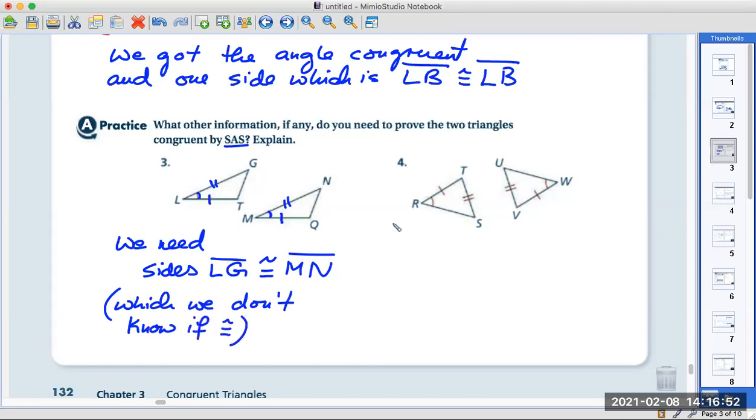Okay, I want to make sure you understand that. Let's look at this one. We've got two angles, we've got two sides, and it should be perfectly clear it's SAS, but there's one little hiccup. The angle is not between the two sides.